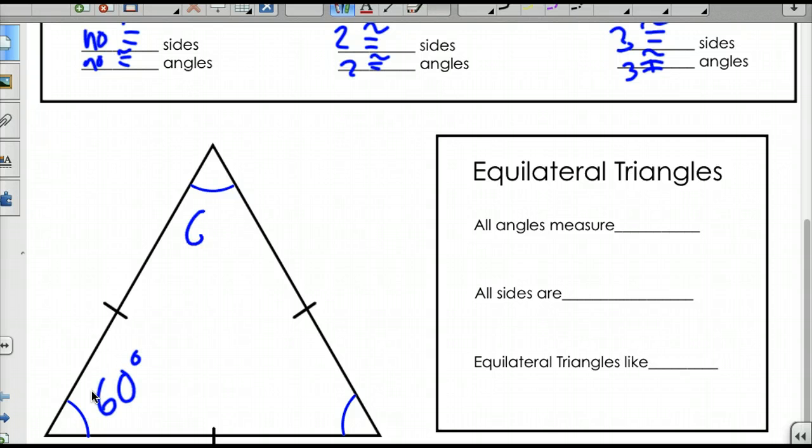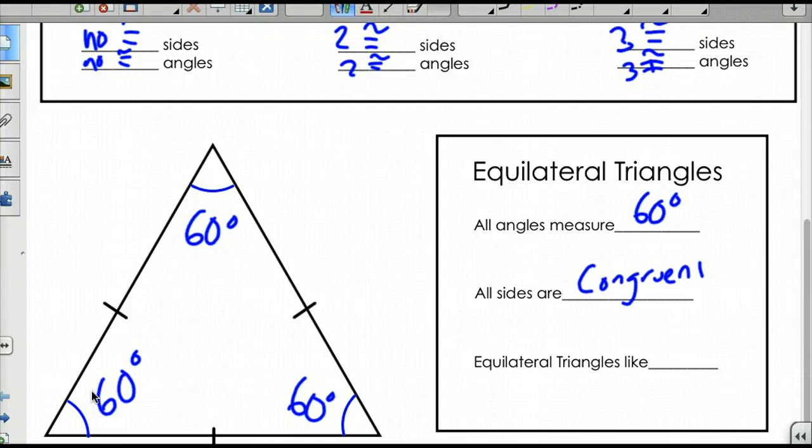In every single equilateral triangle, from now until the end of time, all three angles will be 60 degrees. All sides are always congruent. So if this was, say, 3, this side would be 3, and this bottom side would be 3.